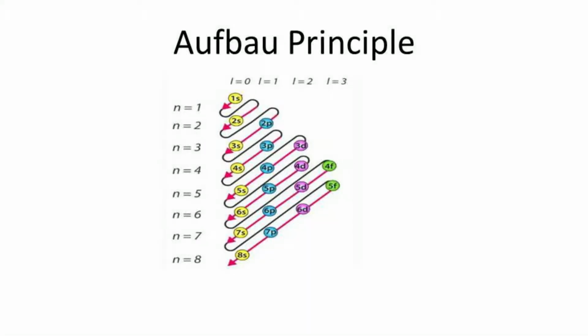This is a diagram for the Aufbau principle. What it says: electron filling takes place from low energy orbital to high energy orbital, and the arrangement of orbitals in increasing order of energy is represented in this diagram. After the 1s orbital, 2s, 2p, 3s, 3p, then 4s comes. After that 3d, 4p, 5s. In that way we can understand the sequence.